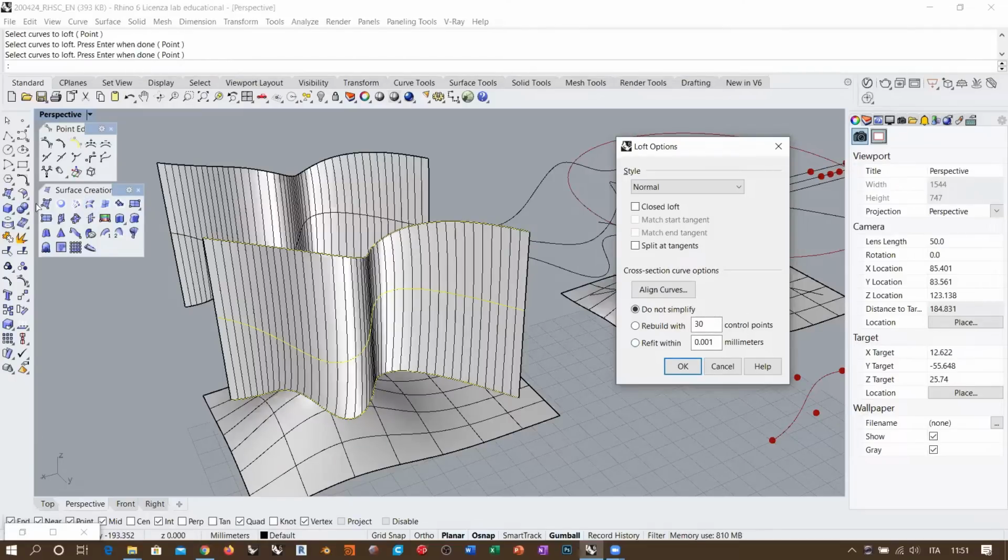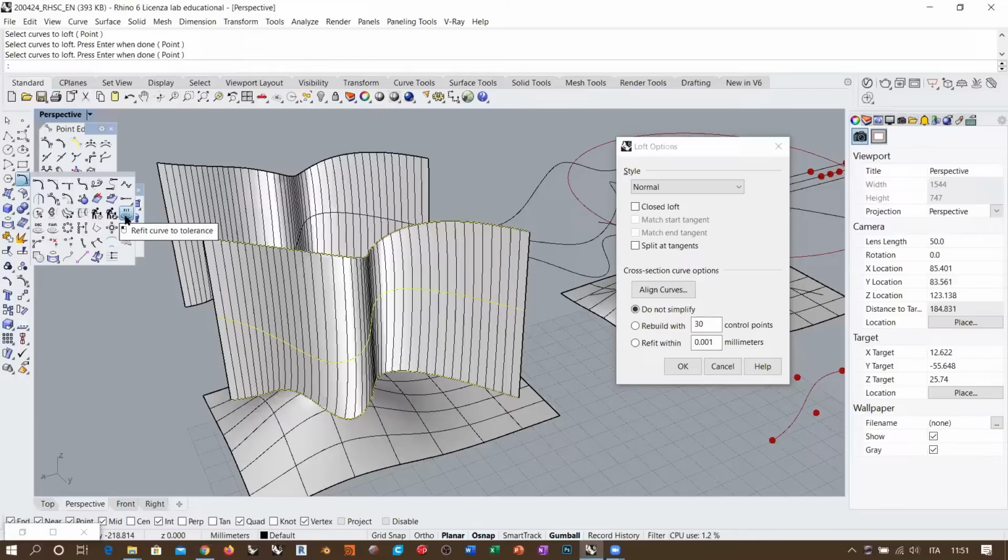You see that fit was also one of the options for curve editing. Refit curve to tolerance, which is actually what is happening here. Refit actually changes the shape of a curve in order for that curve to be simplified, in Rhino terms, within this kind of tolerance.